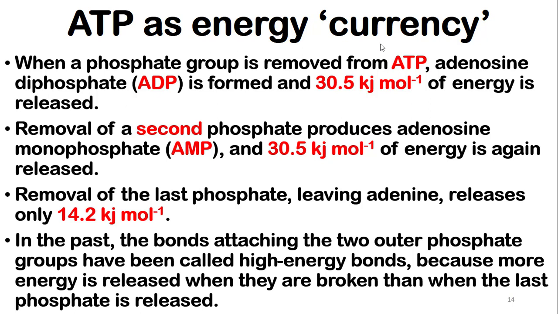But this is not always the case. It depends on the type of molecule. For example, carbohydrates, proteins, and fats all have single covalent bonds. It is not the type of bond that decides how much energy should be released. It is actually the type of molecule that releases energy.